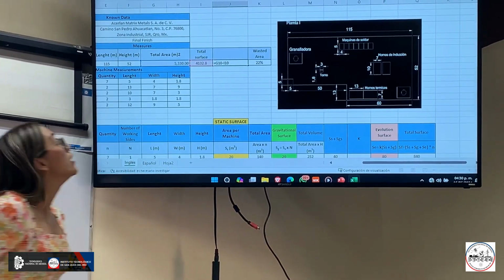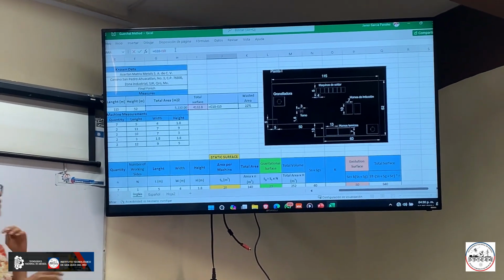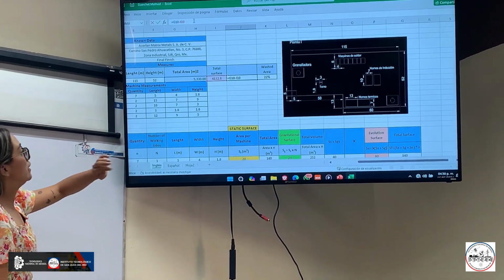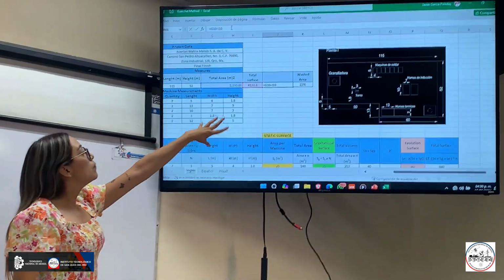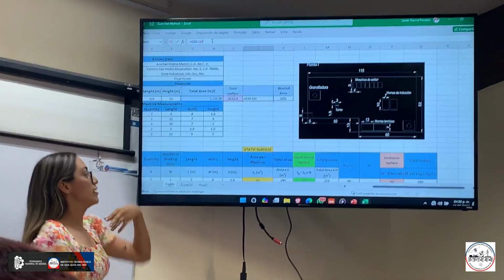After that, the total area and the total surface.